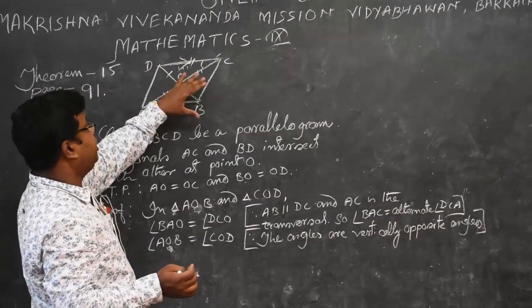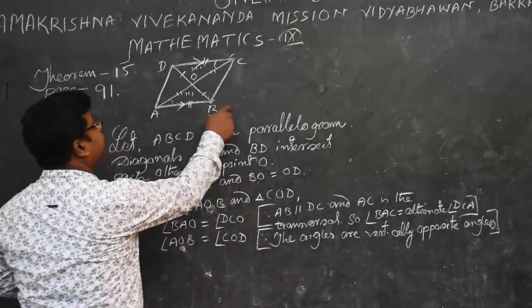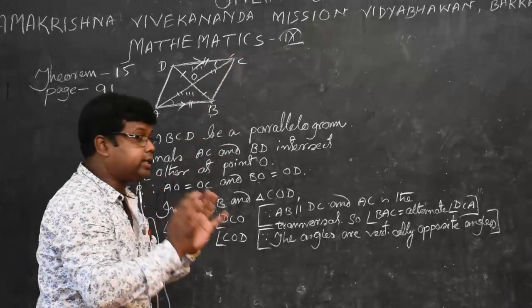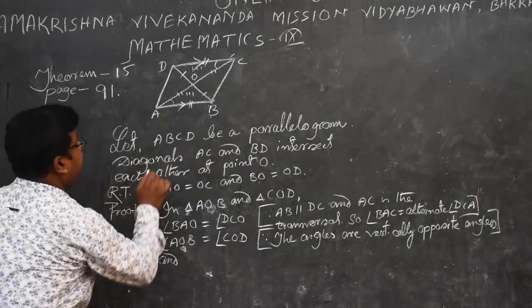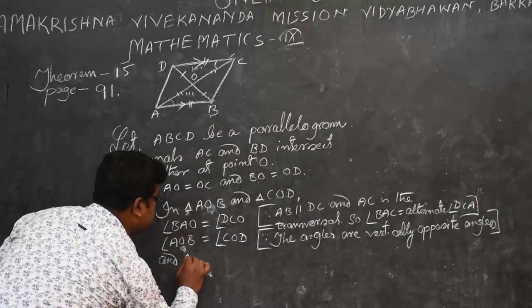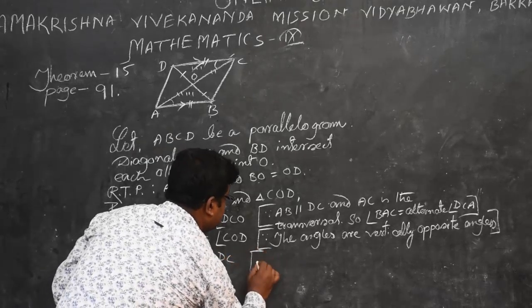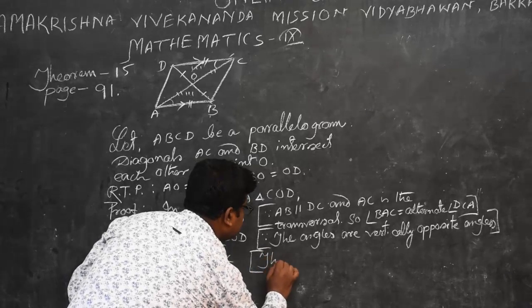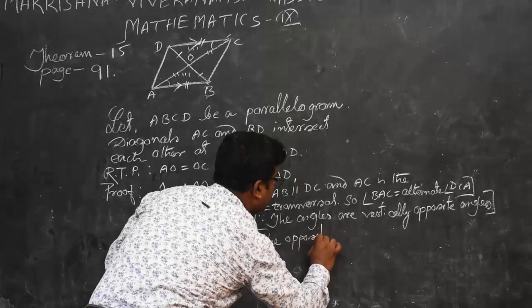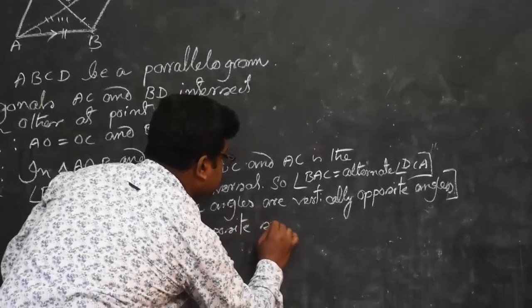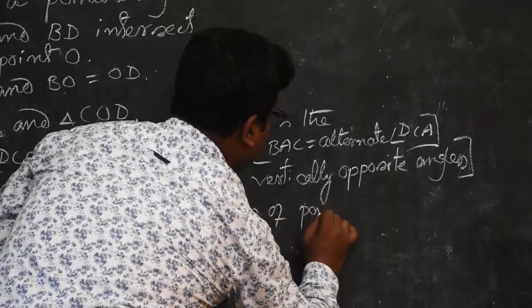Since the opposite sides of a parallelogram are equal, AB equal to DC.